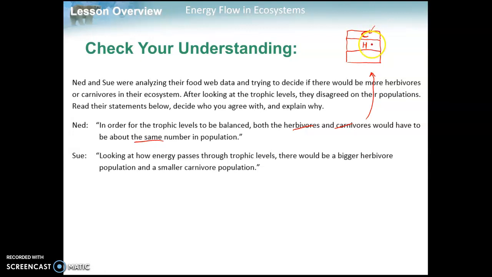There wouldn't be enough herbivores in the environment. You would lose your herbivores quickly and things would fall apart. See, Sue realizes that through trophic levels, you're going to have a big population of primary producers on the bottom, followed by a smaller population of herbivores because energy is lost, and then finally carnivores up on top as a much smaller group.